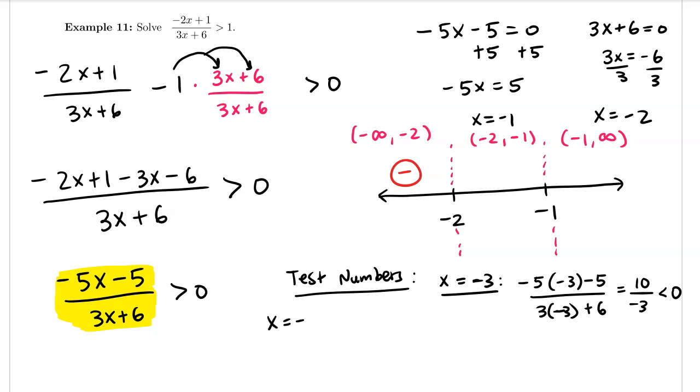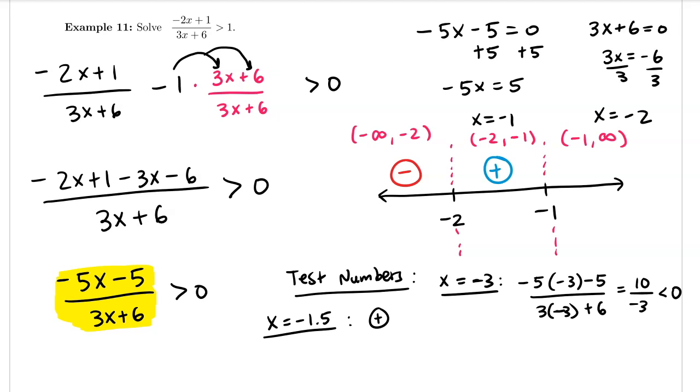I'm going to choose my next test number to be -1.5 because unfortunately there are no integers between -2 and -1. And if I replace that in x in the yellow highlighted rational expression, it's going to end up giving me a positive number. So I'll put positive here. And then if I plug in 0, I would get -5 over +6.